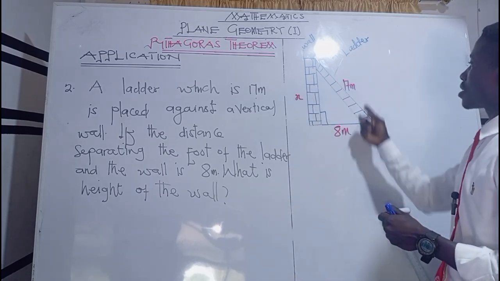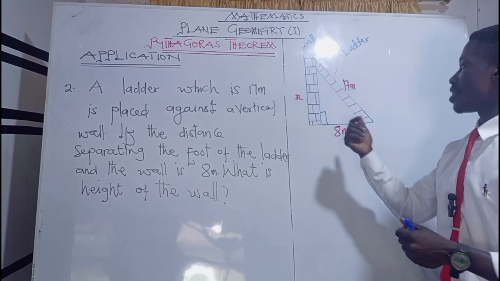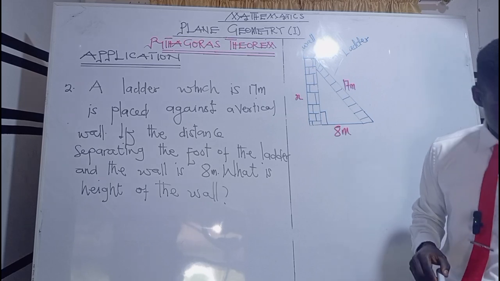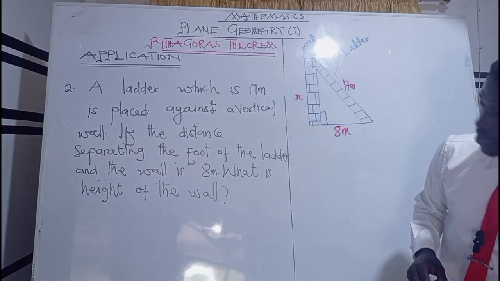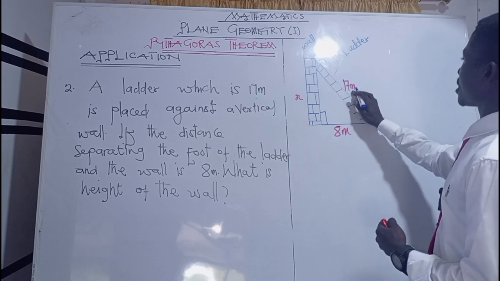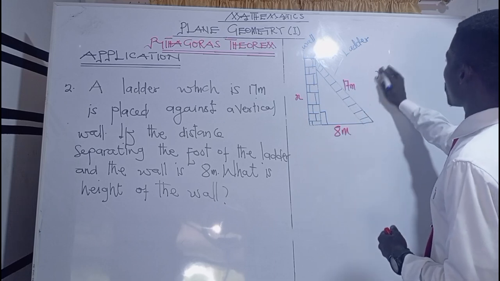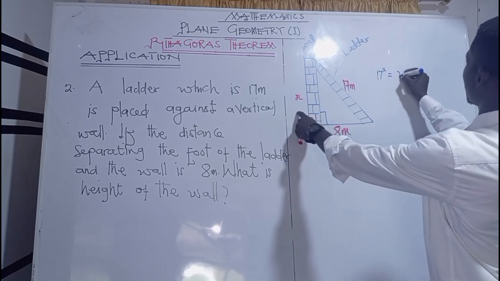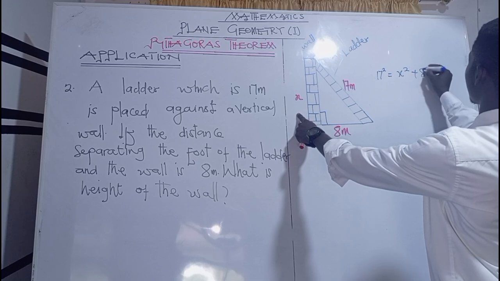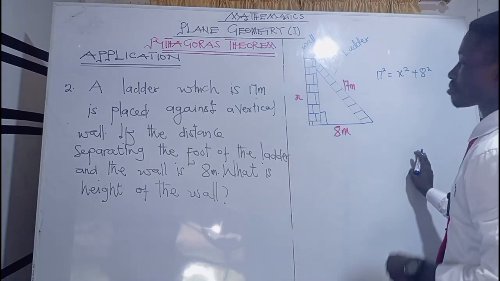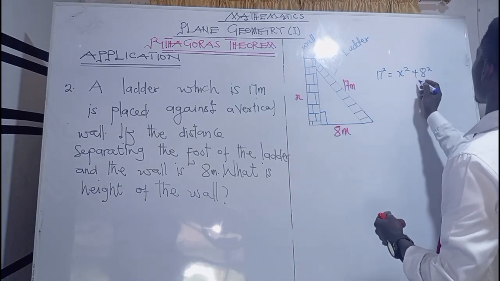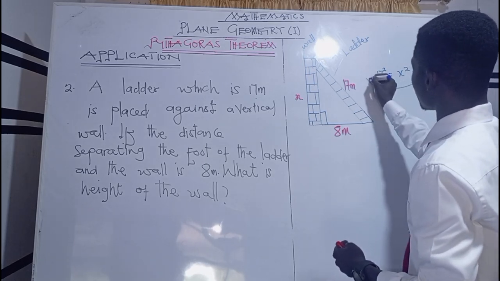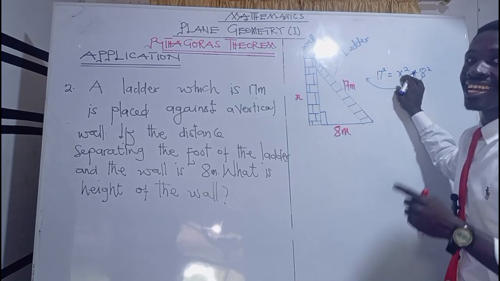So you can see that we have a right angle triangle, and therefore we can apply the Pythagoras theorem. Good, so let's solve it. So we know that this is our hypotenuse. So we have our hypotenuse squared. So we have 17 squared is equal to x squared plus 8 squared. Good. So what we are going to do is we are going to transpose this 8 squared to this very side because we are looking for x.